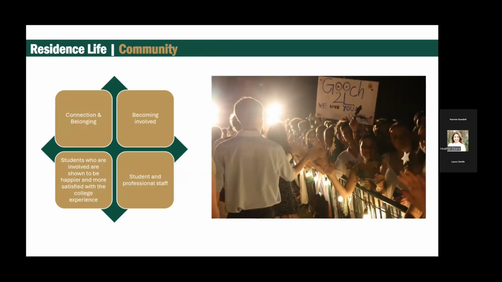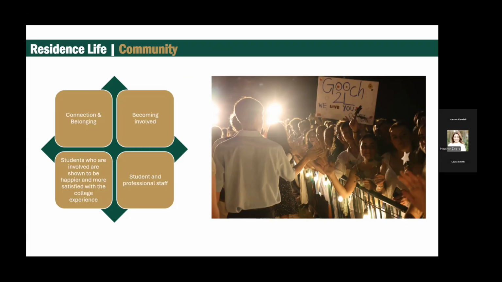Another piece is that students living on campus is all about community. For our first year students or returning students, students find it a lot easier to connect and feel a sense of belonging, just because they're able to connect to resources easier on campus and get involved more easily in getting to places.